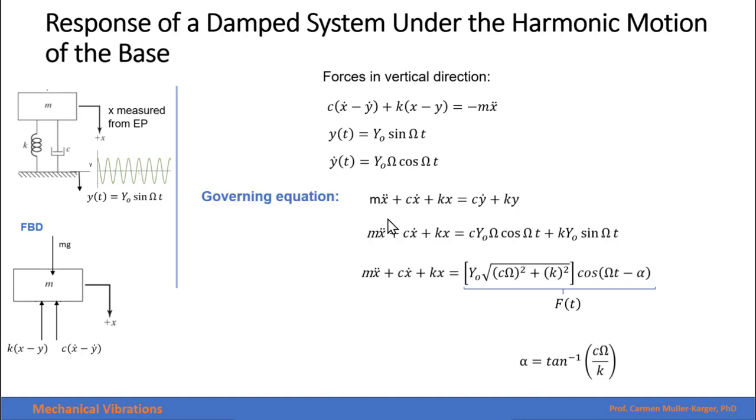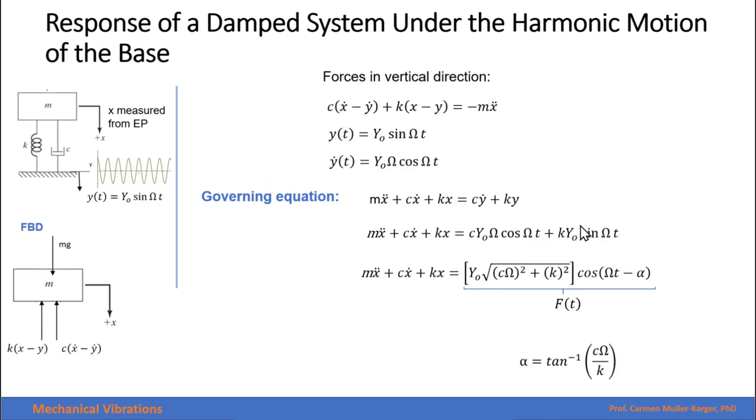Then we can write all the terms that involve x on one side of the equation and the ones with y on the other side. There we get m x double dot plus c x dot plus k x equals c times the velocity of the base plus k times the displacement of the base.